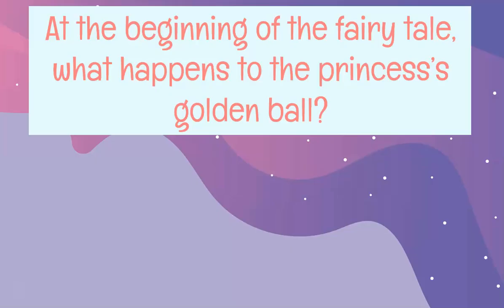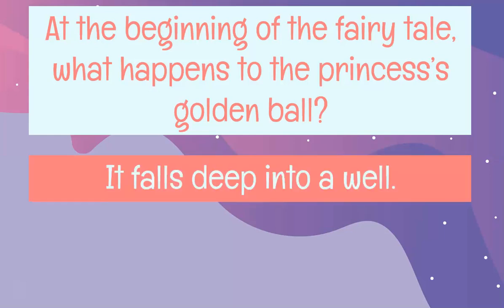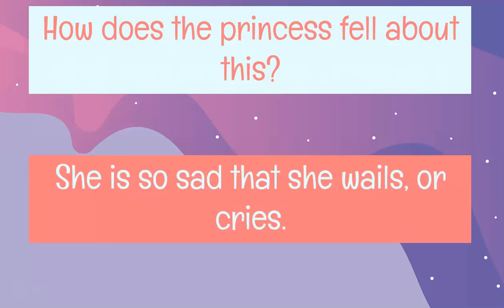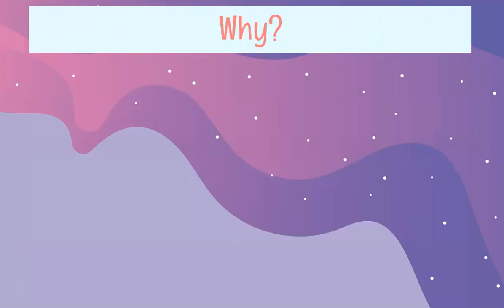At the beginning of the fairy tale, what happens to the princess's golden ball? It fell deep into a well. How does the princess feel about this? She is so sad that she wails or cries. Why?